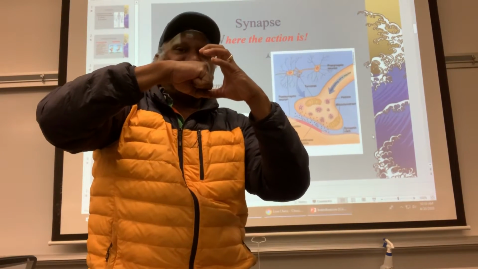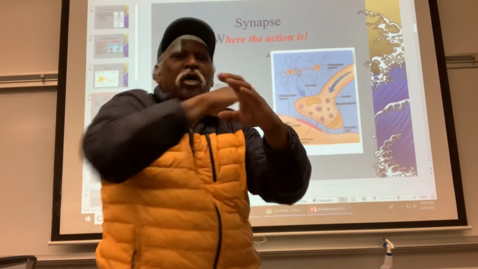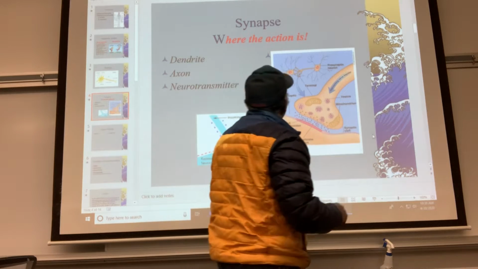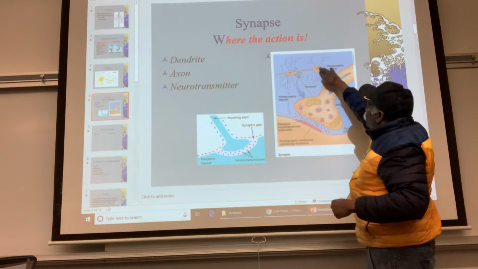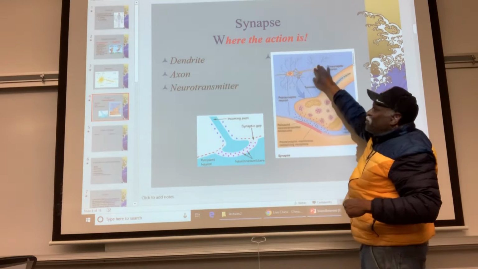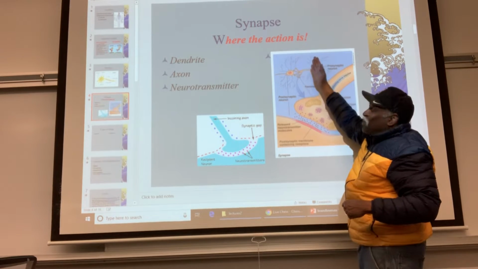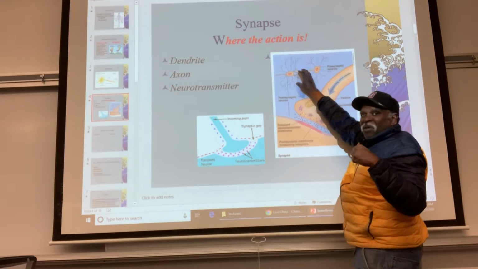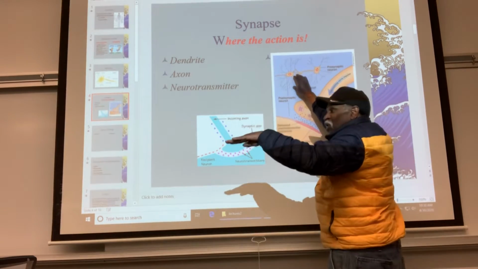As soon as that jelly substance fills that gap, an electrical impulse fires across. So think about that. The impulse travels through the axon, pushes a liquid substance into the gap, and then that allows the electricity to go across.